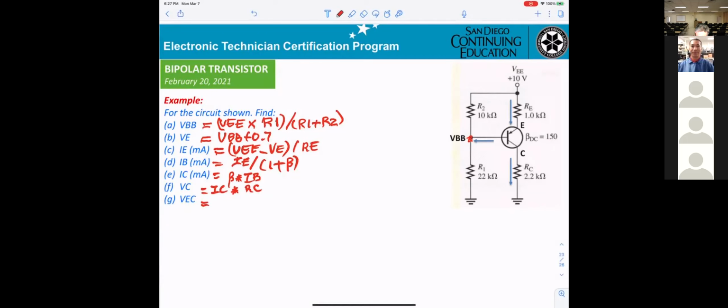And the last one, VEC equals VE minus VC. That's all the formulas you need.